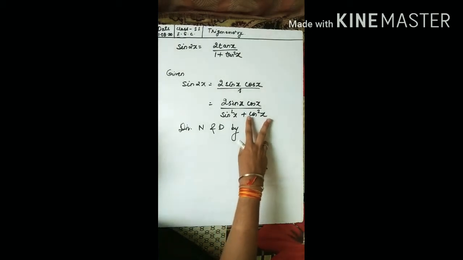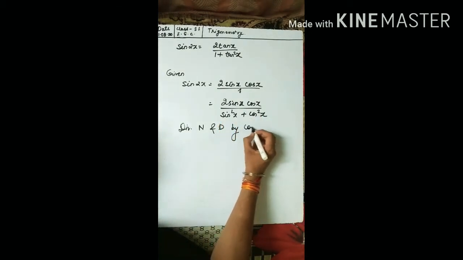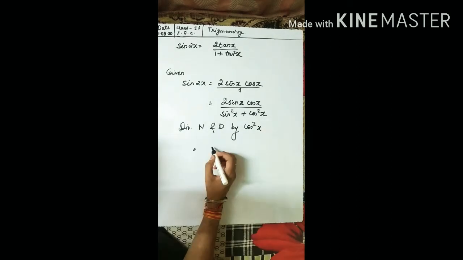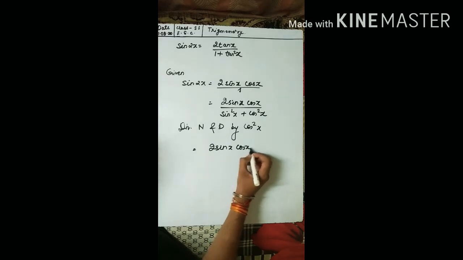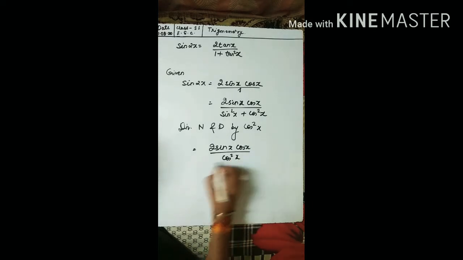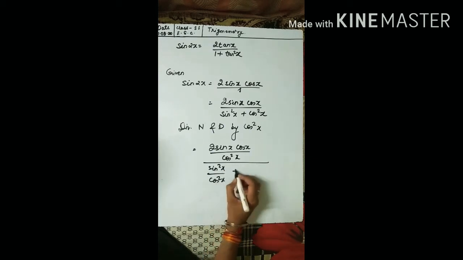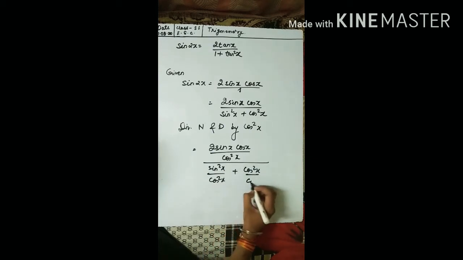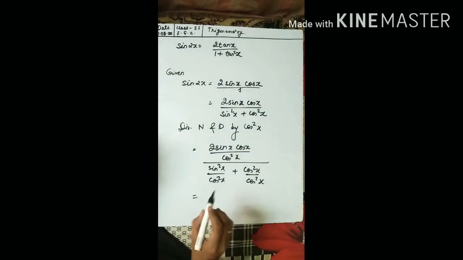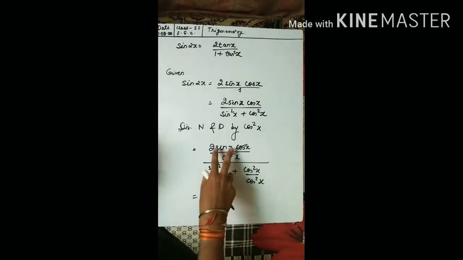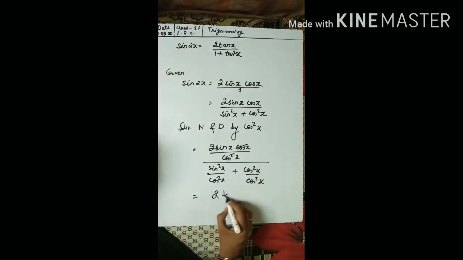So if I divide by cos square x, what we will get is 2 sin x cos x upon cos square x, whole divided by sin square x upon cos square x plus cos square x upon cos square x. One cos with this one cos will cancel. Sin upon cos will give you tan. So 2 tan x upon tan square x plus 1.